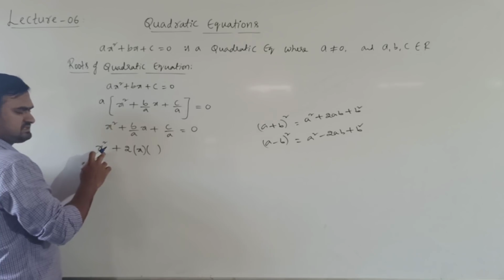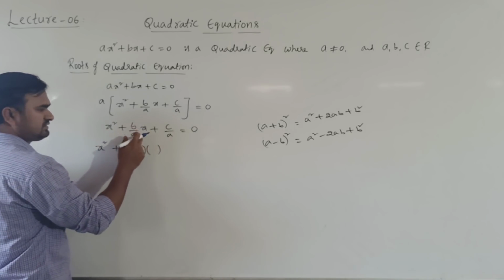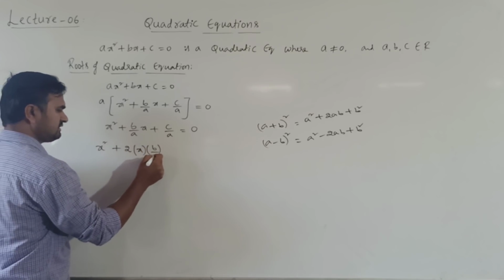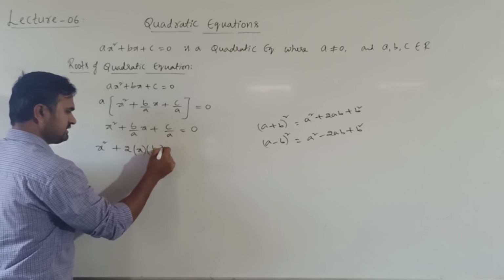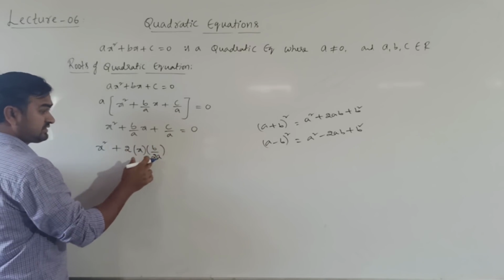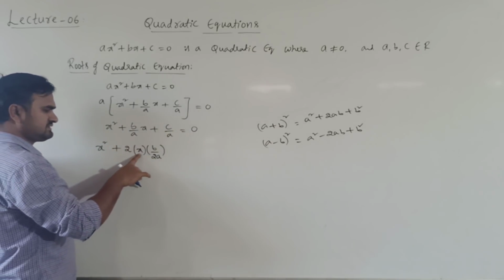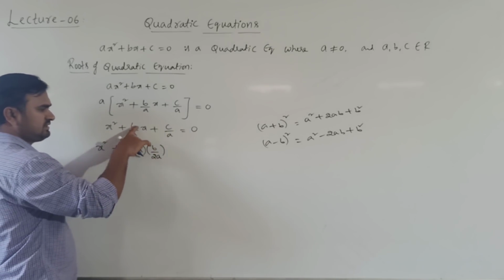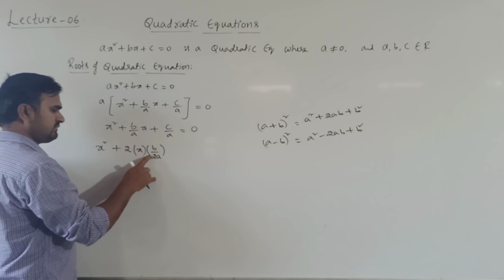So a is x here, a square plus 2ab. Now b should be what? It is b by 2a. Whenever b is b by 2a, only then will the product become b by a into x. So 2x into b by 2a gives b by a into x. Now it is a square plus 2ab.